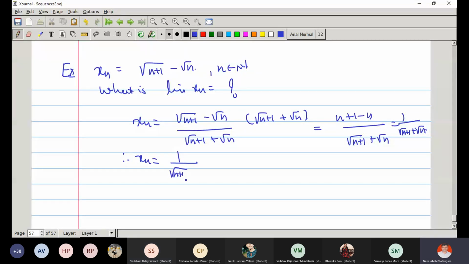Because we have simplified xn as this, and ultimately this is less than or equal to 1 upon root n, and xn is greater than or equal to 0. By the sandwich principle, the limit of this thing is 0. Left hand is 0, right? Therefore the limit of xn is 0 by the sandwich principle.